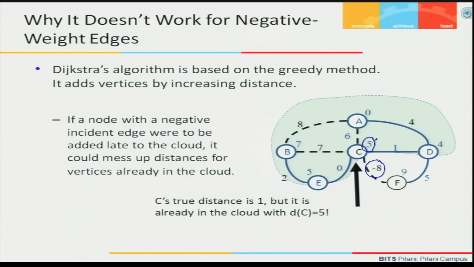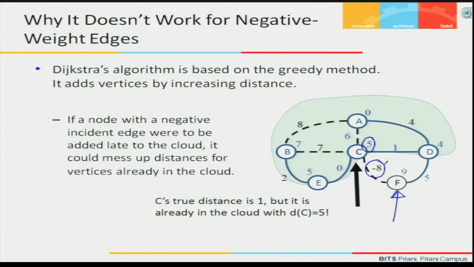Now, when F gets added to the cloud, then we see that C's distance is 1, but it is already in the cloud with d of C equal to 5. So, we cannot update that.